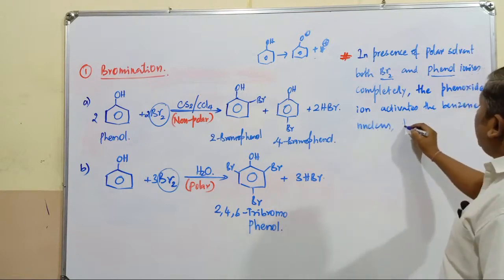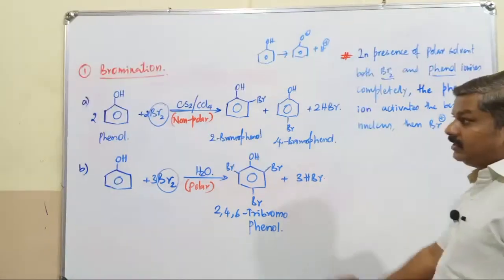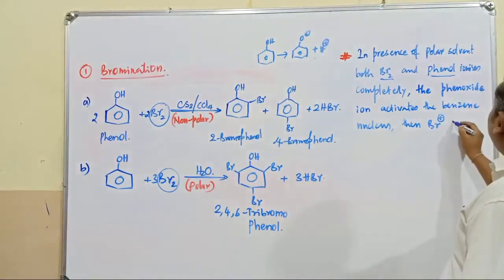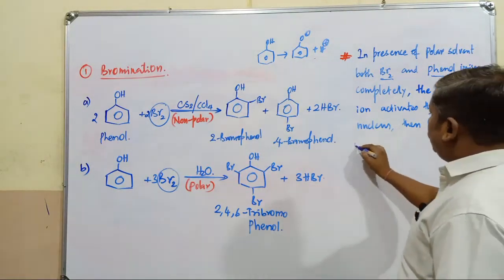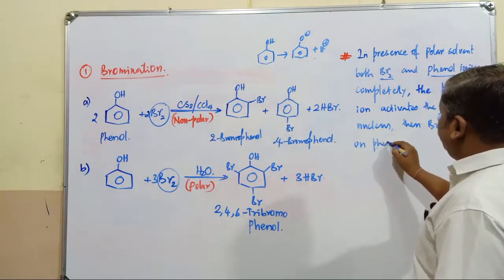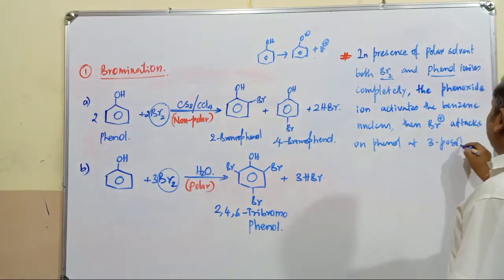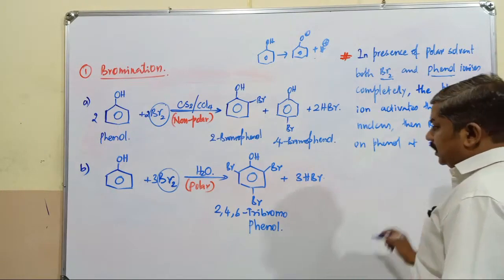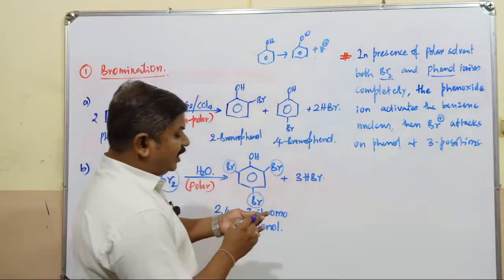Then Br plus, the electrophile generated by this bromine molecule, attacks phenol at 3 positions. That is ortho, next one is para, next one is also going to be ortho.